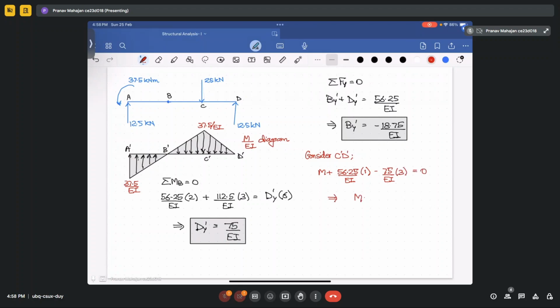From this, you will get moment equal to 168.75 upon EI. So this moment at point C will give you the deflection at point C. Okay. So this is how you can easily calculate the deflection at any point. You have to draw the conjugate beam, and from the moment of the conjugate beam, you will be able to get the deflection of the real beam.